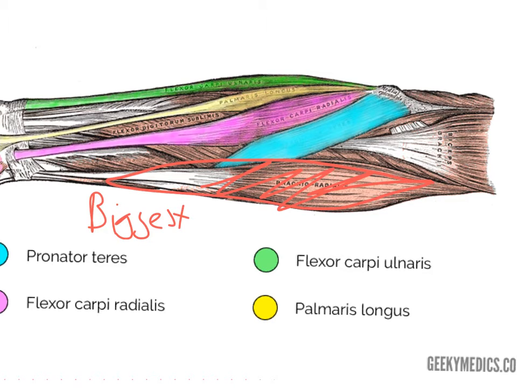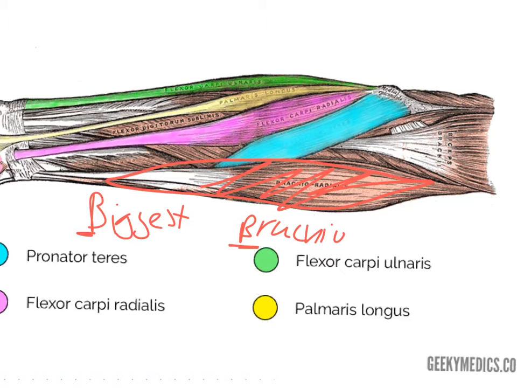And as you remember, the radius bone is closest to the thumb. With the name brachioradialis, you see that it has the word radialis, and you could think of that almost as radius. And you could think of the word biggest, which starts with a B, and brachioradialis also starts with a B. So this was just how I remembered the location of the brachioradialis.